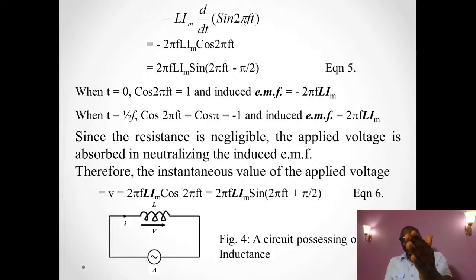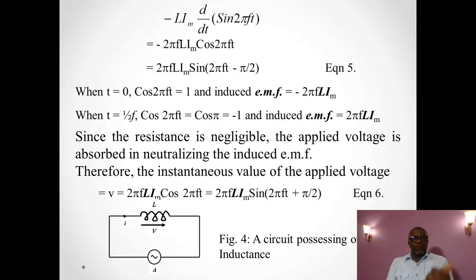You did your differentiation, you got your sine to come as a cosine, and you do your shift, because the difference between cos and sine is that one starts at the peak, the other one starts at 0. So if you move the 10 by pi over 2, they become the same. So we got it back to our sine because we are using sine. We call that equation 5.